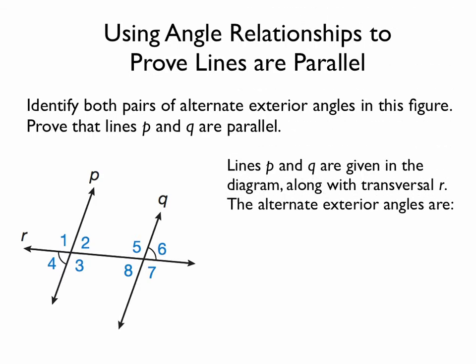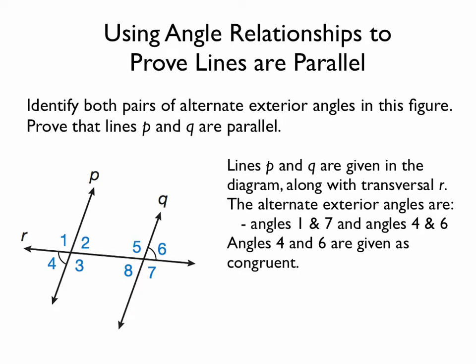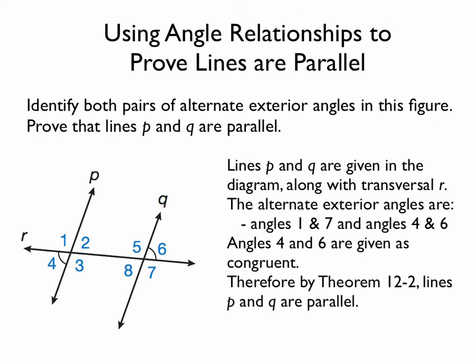So let's name the alternate exterior angles. They are 1 and 7, check the diagram, and 4 and 6. Since 4 and 6 are given as congruent, we now know by the converse of the alternate exterior angles theorem that lines P and Q are parallel.